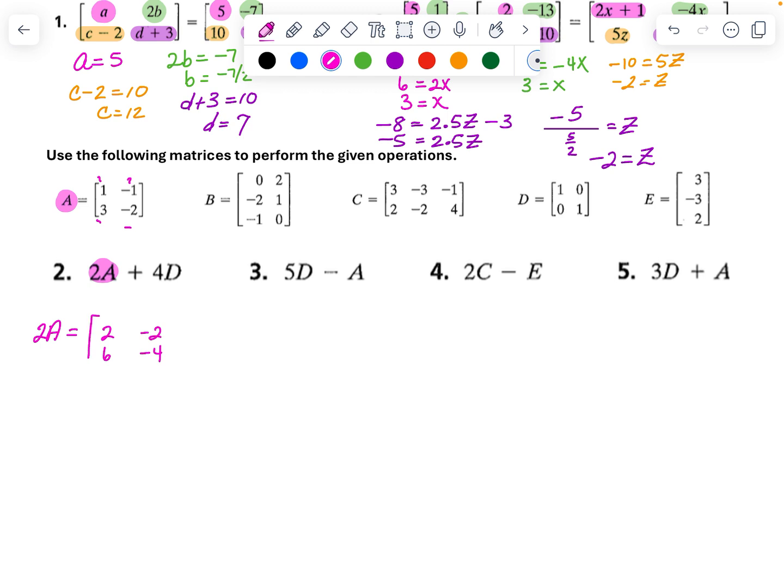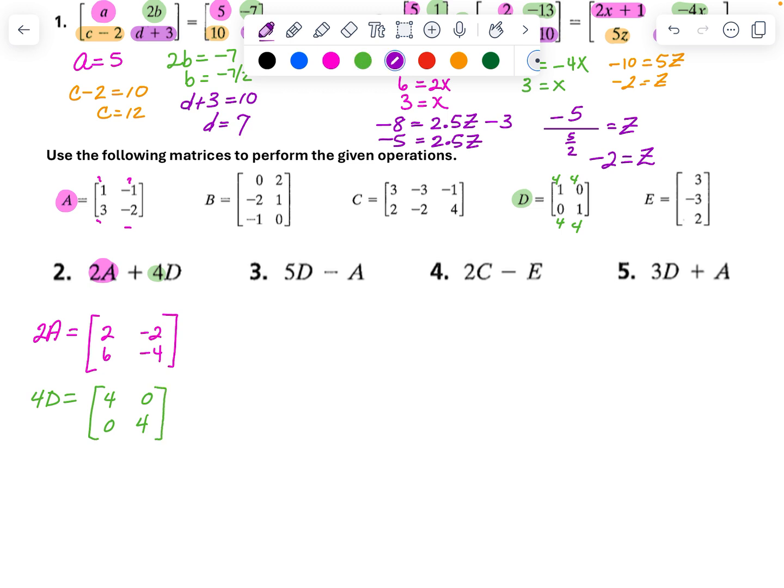So that's twice A. And then this says to multiply D by 4. So all these get multiplied by 4. So 4D is 4, 0, 0, and 4.